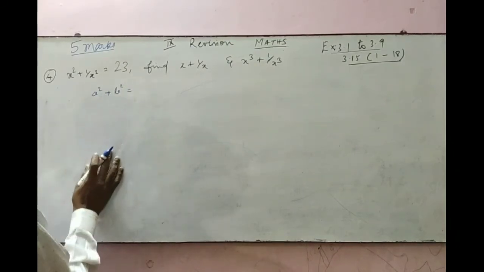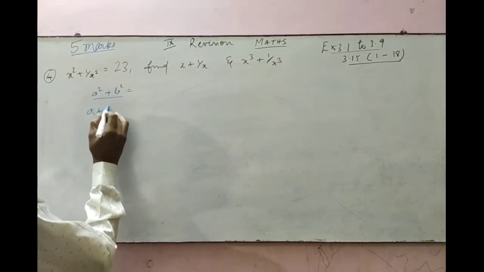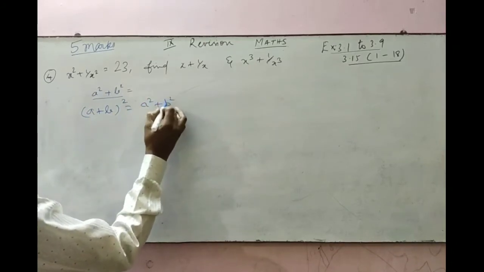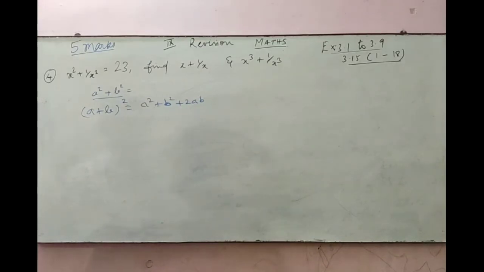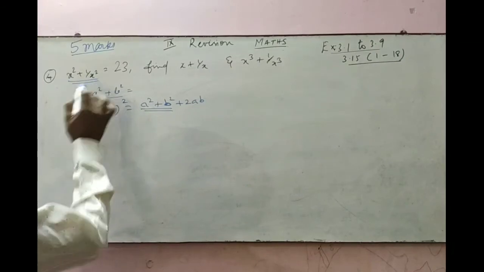Where do you get this a square plus b square? From the identity of a plus b whole square, you will get a square plus b square, but one more term will come, that is 2 into a into b.